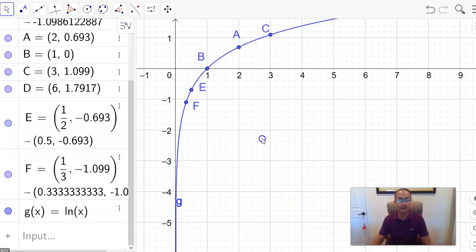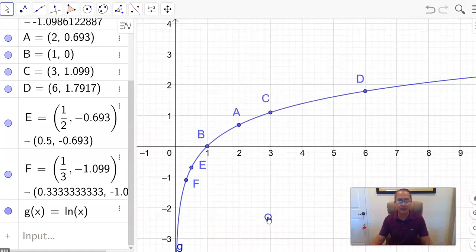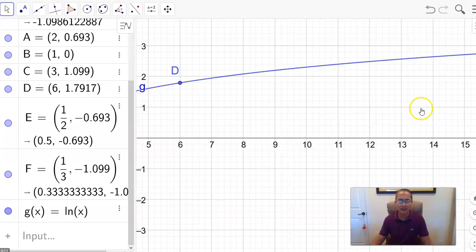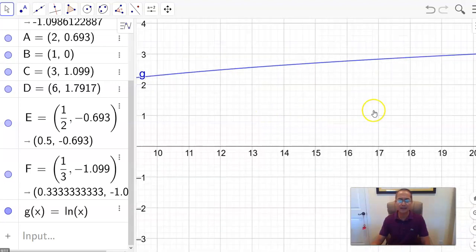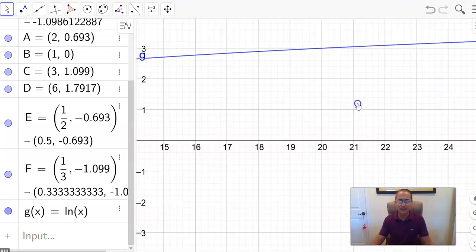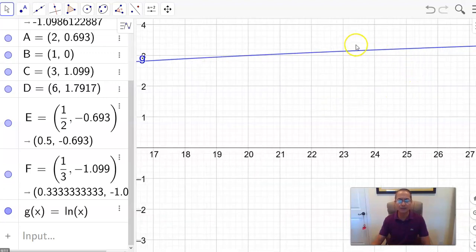And if you remember your pre-calculus, we are getting more and more negative, larger in absolute value. But on the other hand, as you move to the right, it is getting higher and higher. Are you going to get a local maximum or maybe a horizontal asymptote? We are going to find out next.